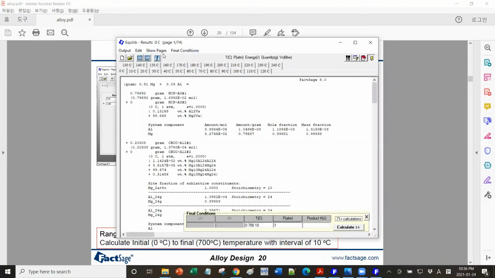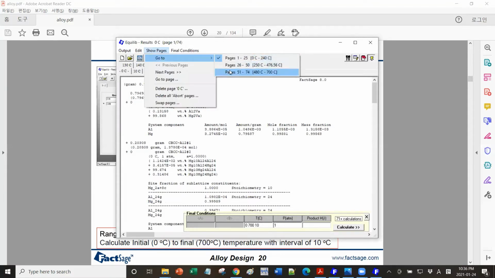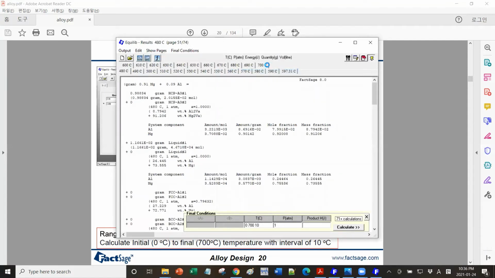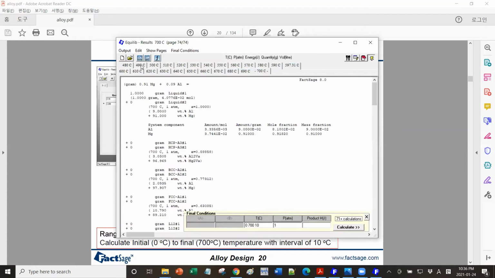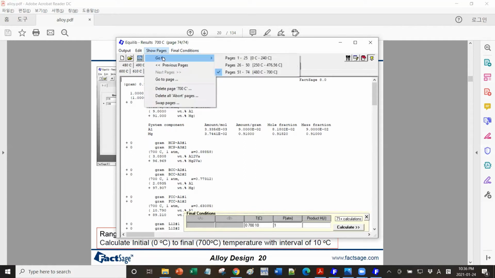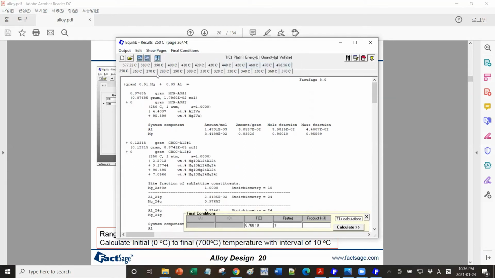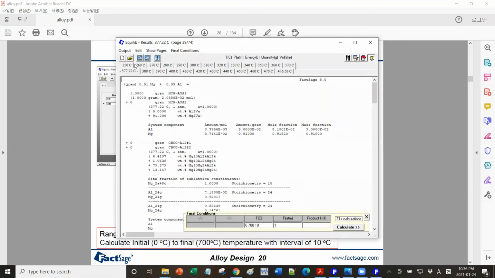This is the result. You can see the equilibrium state for each temperature from 0 to 700 Celsius degrees at 10 degree intervals. However, in here, there's another temperature like this. At this temperature, the phase transition occurs.